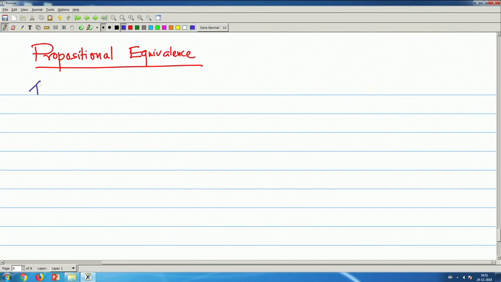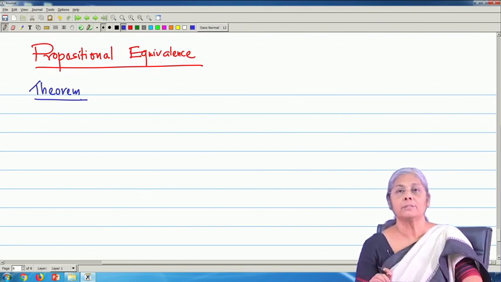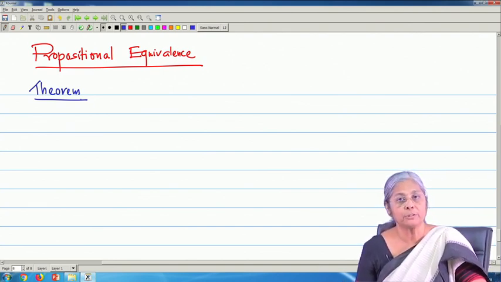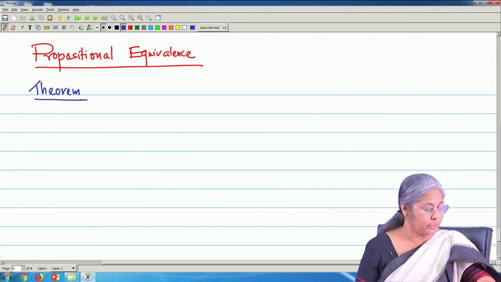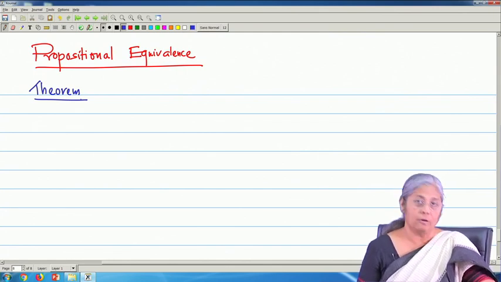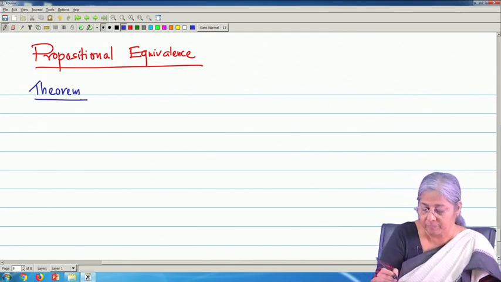So, first we read one theorem. It gives a relation between the conditional proposition and the contrapositive of the conditional proposition.